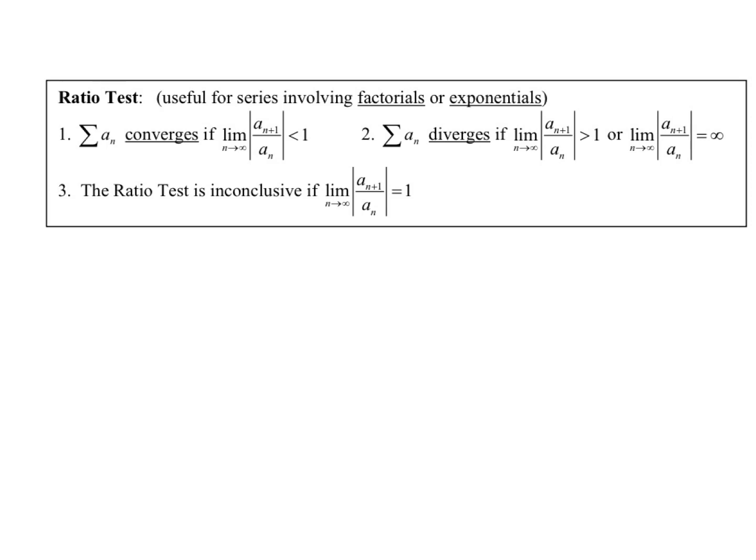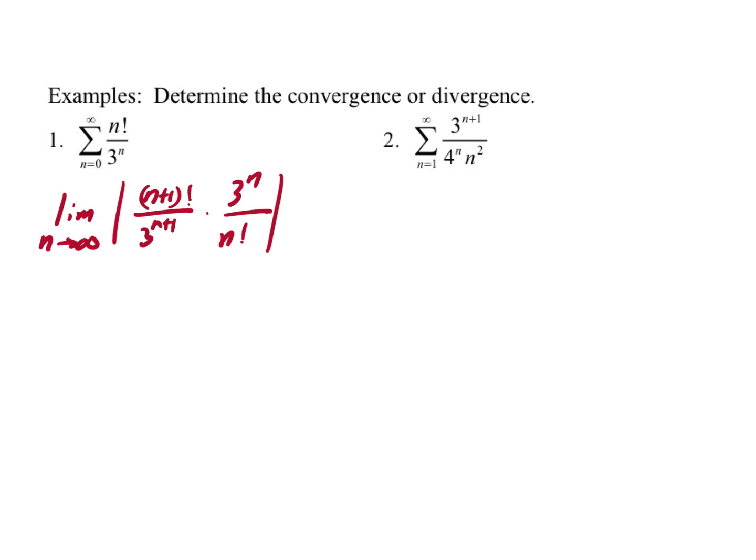In this first example, I've already written it out. The first example is the series from n equals 0 to infinity of n factorial over 3 to the n. What we do is this is our a sub n plus 1, the n plus 1 term.